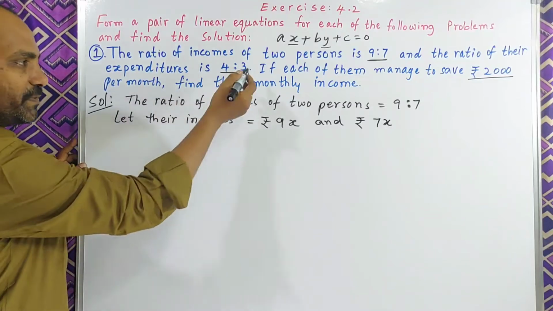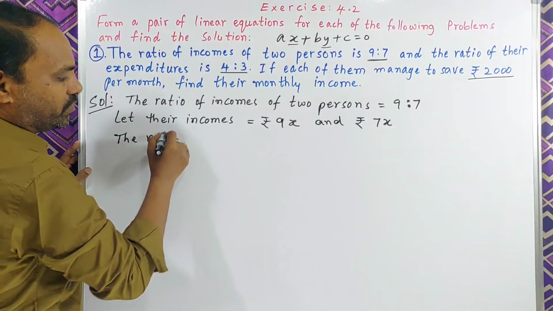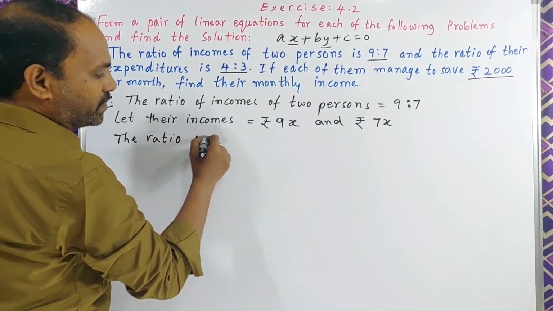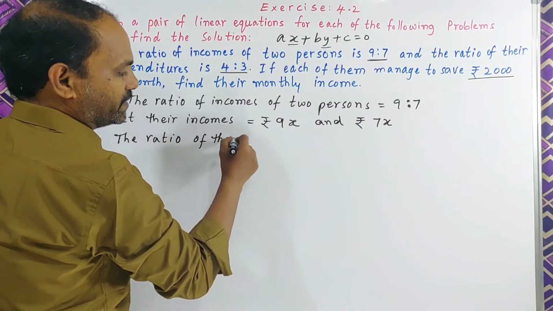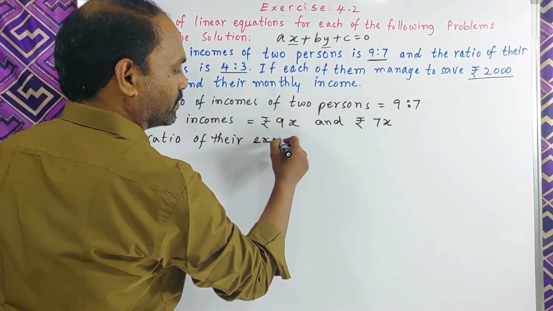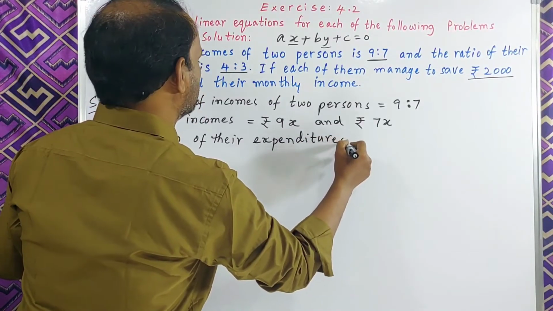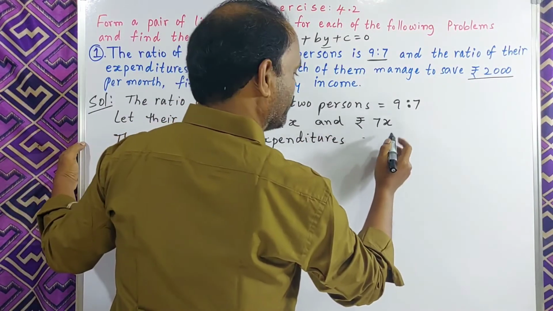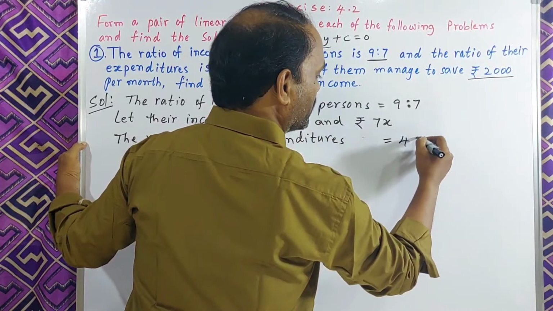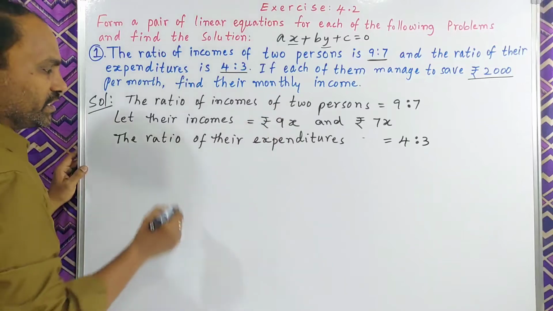And then the expenditure also. The ratio of their expenditures is 4:3.